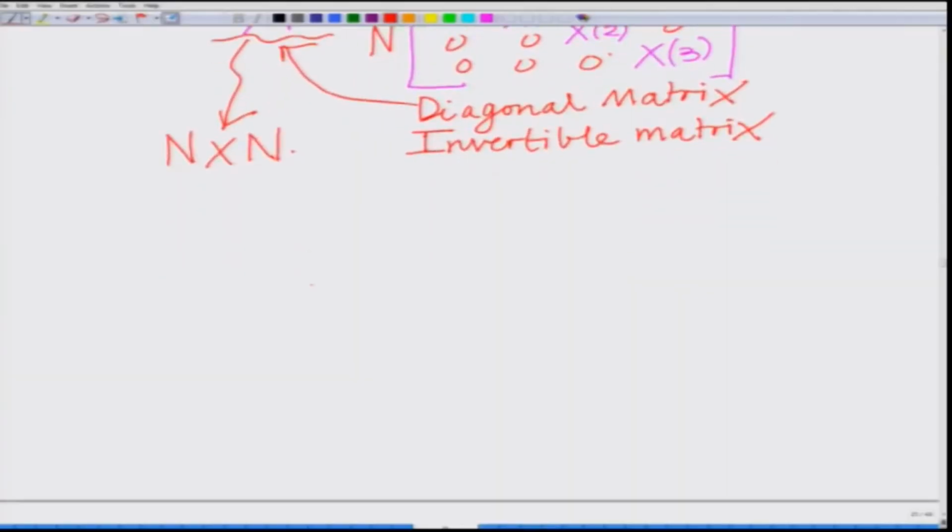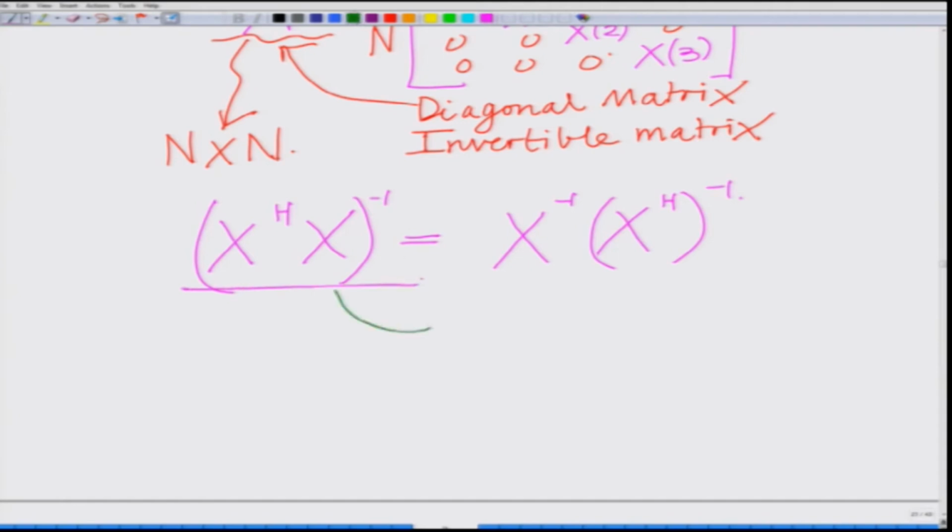Since X is invertible, X Hermitian X inverse becomes X inverse times X Hermitian inverse. This is not generally true. This is only true in this OFDM scenario, because X is an N cross N invertible matrix.